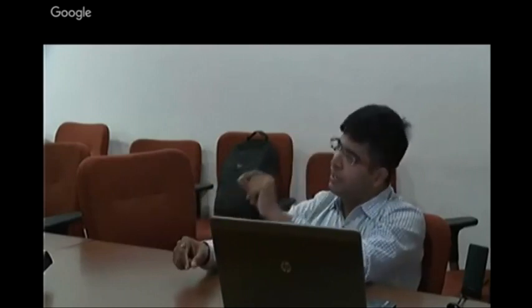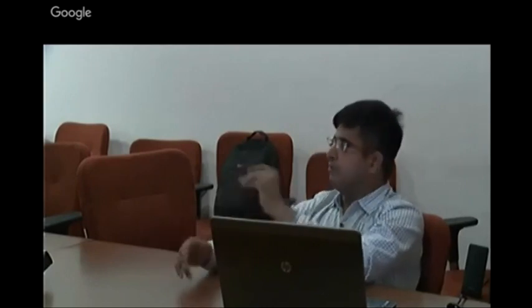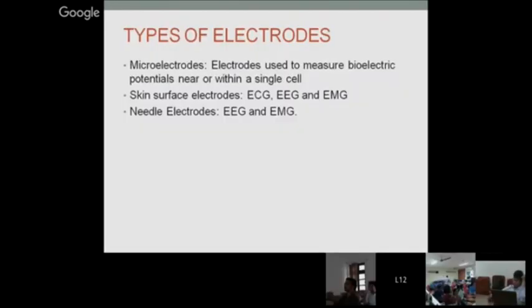But you have to puncture. It's not a non-invasive method. It's an invasive method. So invasive methods cannot be used every time. You have to think first. In EMG also, in EEG also, you can go for needle electrodes.